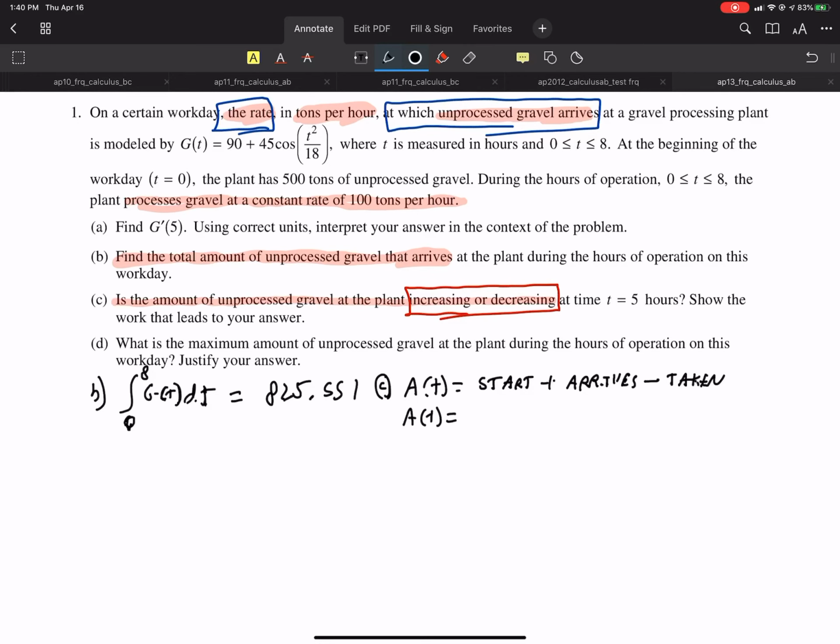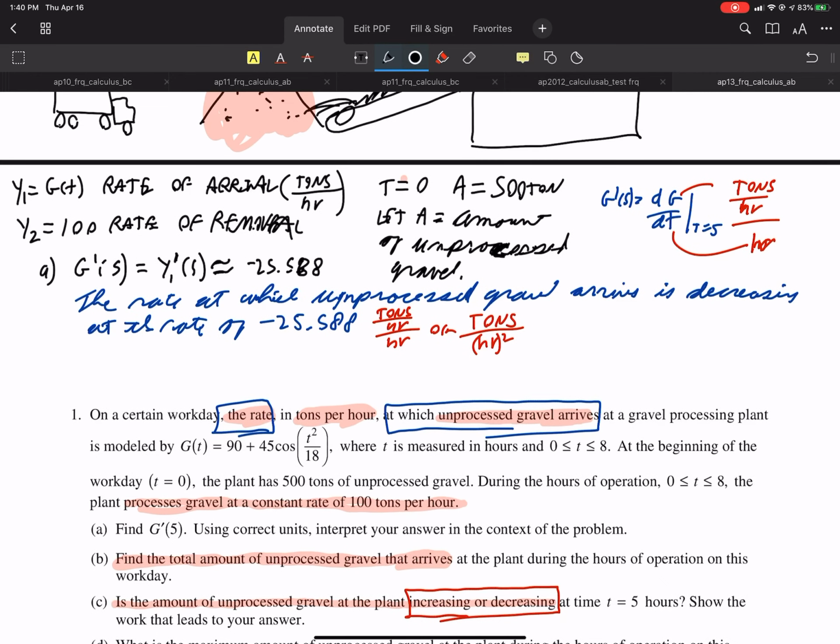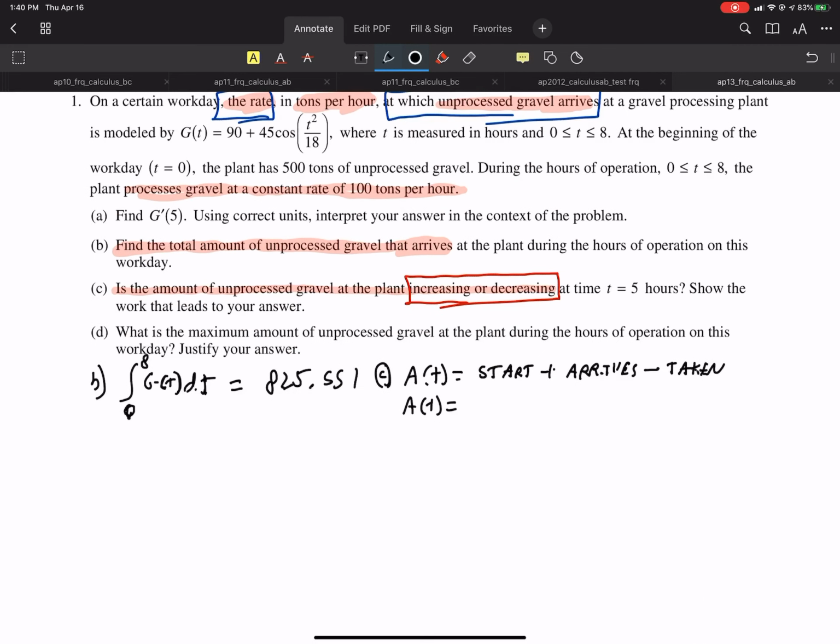And so the starting amount we found earlier, we listed it here as 500 tons, so it's going to be 500. The amount that arrives, you integrate the rate of arrival to give you the amount. So we integrate from 0 to t.